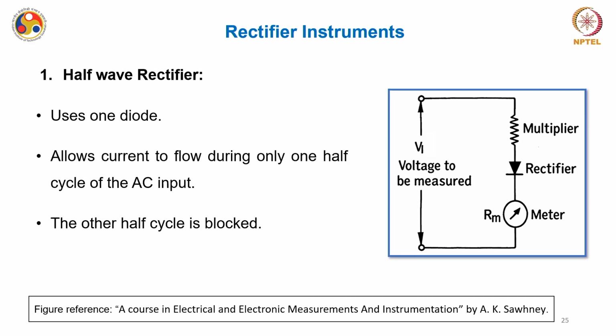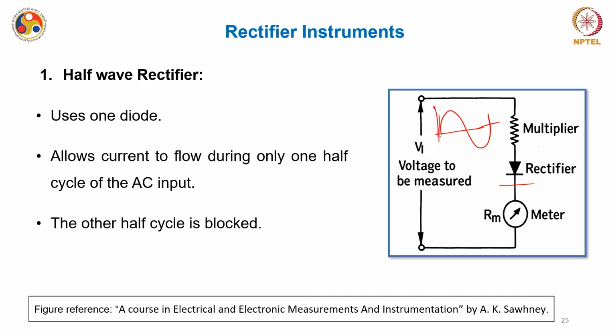For the half wave rectifier, we have seen from the initial time of this lecture that it utilizes only one diode, as you can see from the figure, and it allows current to flow during only one half cycle of the AC input. Say you are trying to pass a sinusoidal wave.